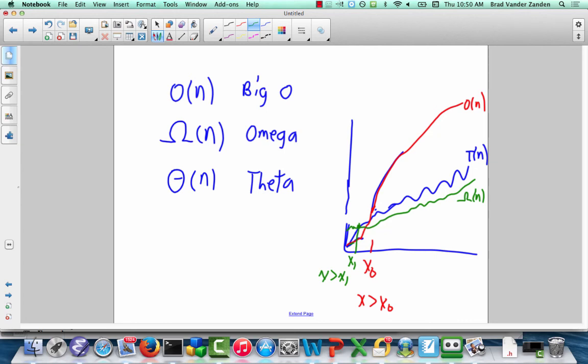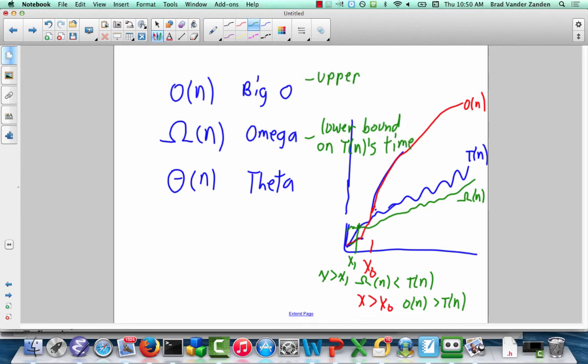So for all x greater than x0, O of n is greater than t of n. For all x greater than x1, omega n is less than t of n. So basically, omega is a lower bound on t of n's time, and O of n is an upper bound on t of n's time.